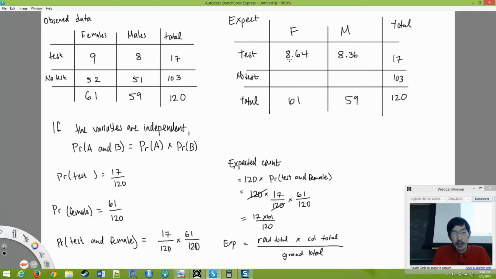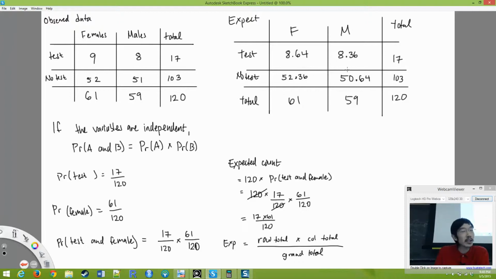And if 8.64 goes here and this has to add up to 61, what has to go here? 52.36. And if this and this have to add up, the number that goes here would be 50.64. Okay? So actually, once this number was determined, the other three were locked down.